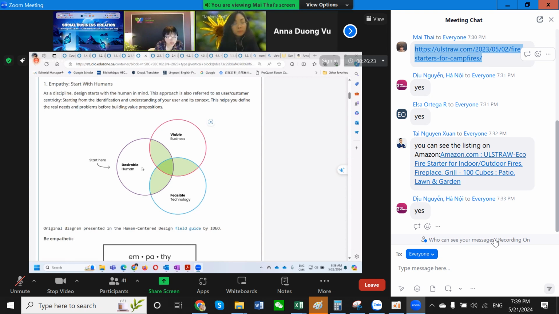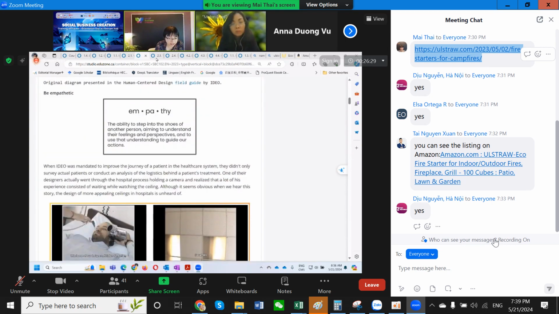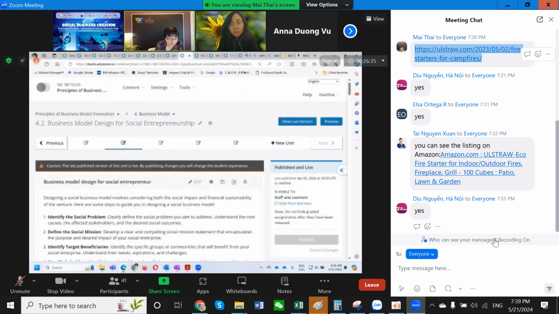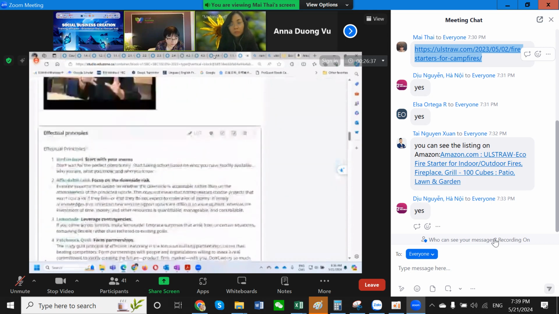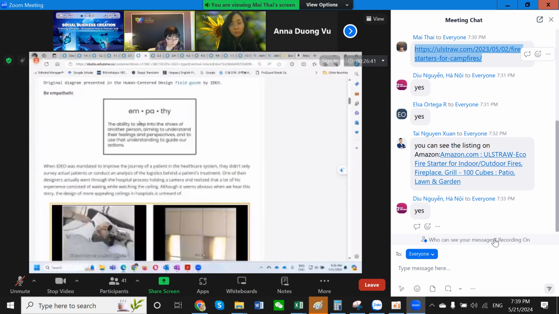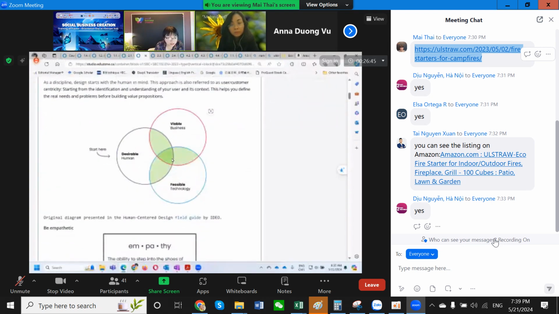So by using the empathy map and by using the design thinking principle, here you will be able to create a good pitch. Viability is your business, and feasibility is the kind of technology.